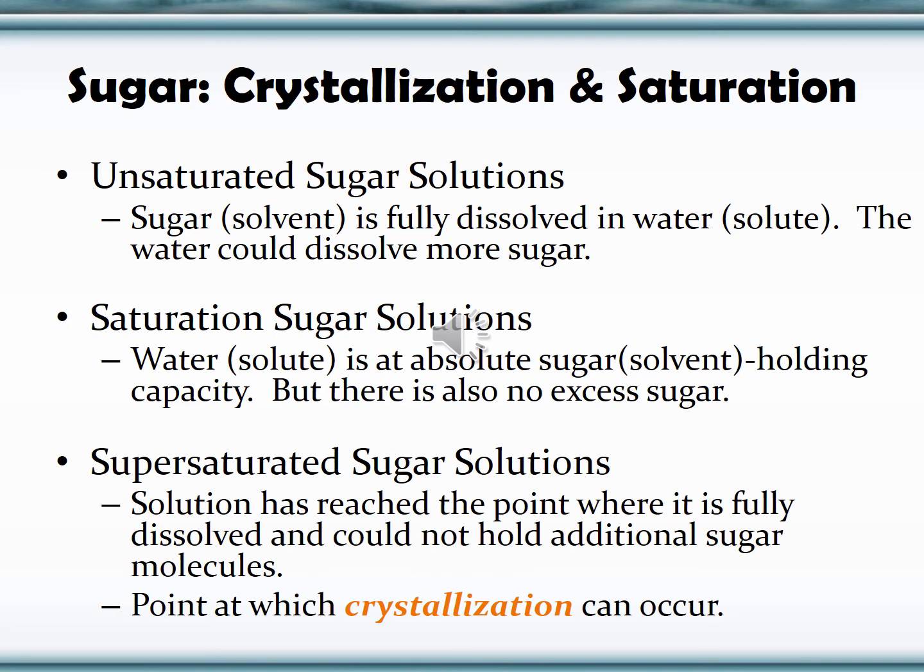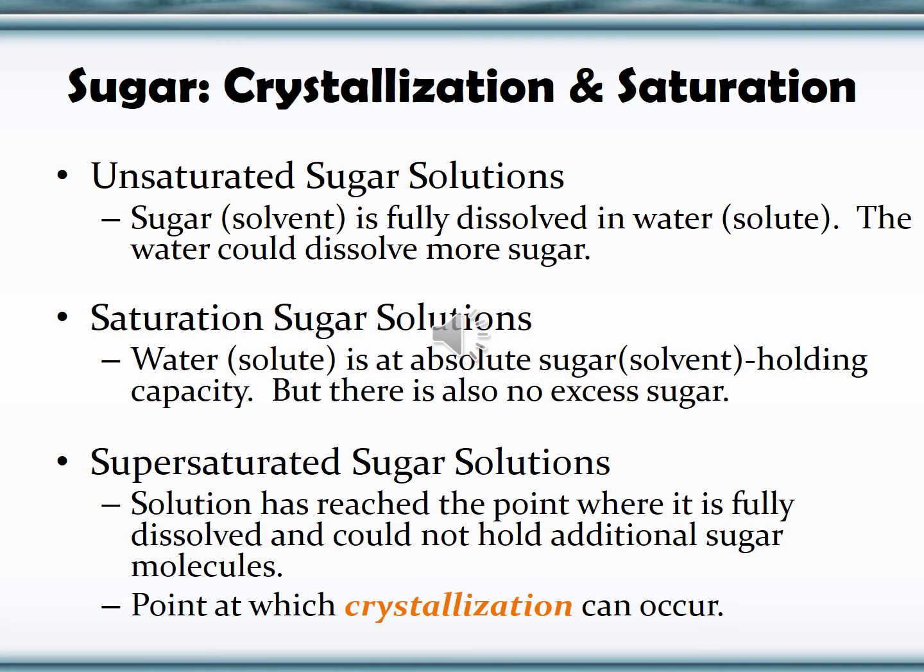A solute is a liquid and a solvent is a particle. An example of a solute is water. An example of a solvent is salt or sugar. So we mix these two things together, and the combination of the solvent and the solute is a solution.